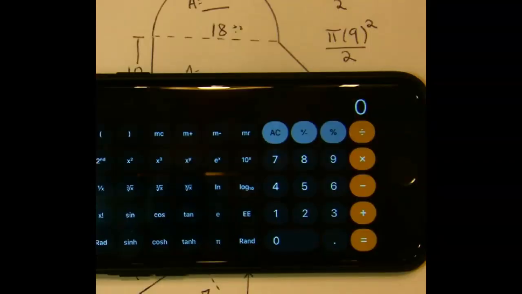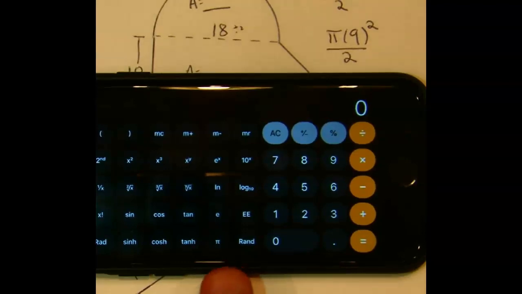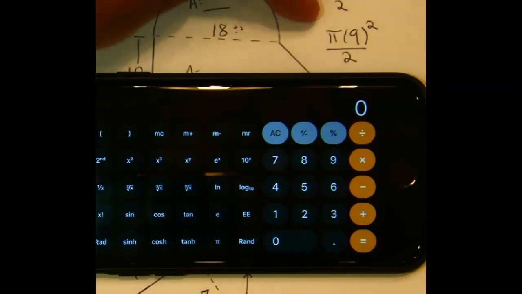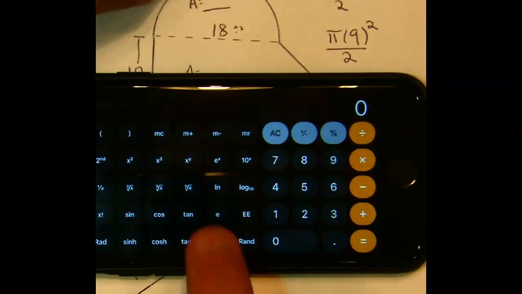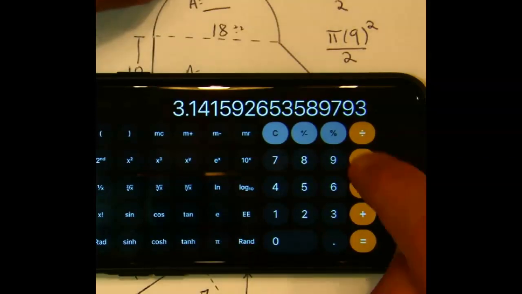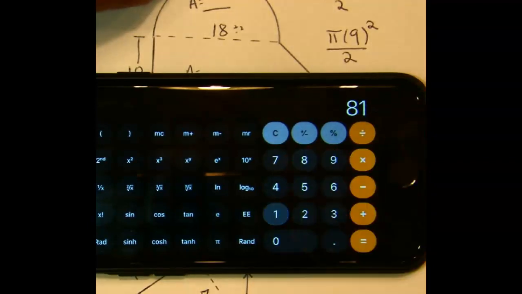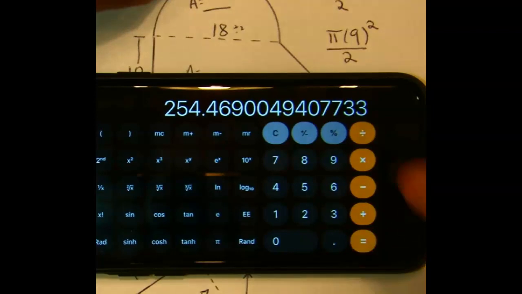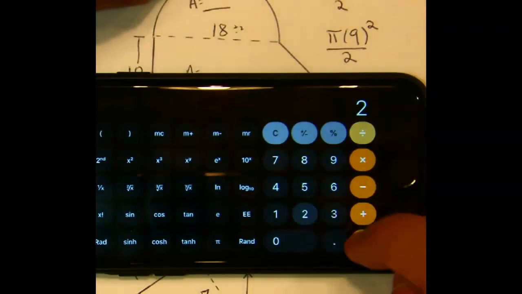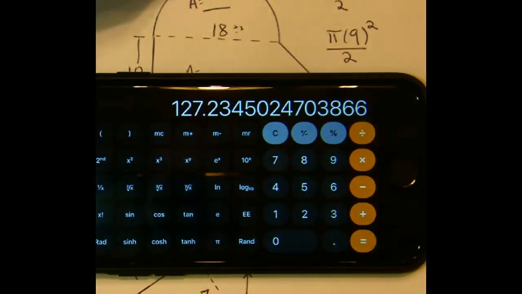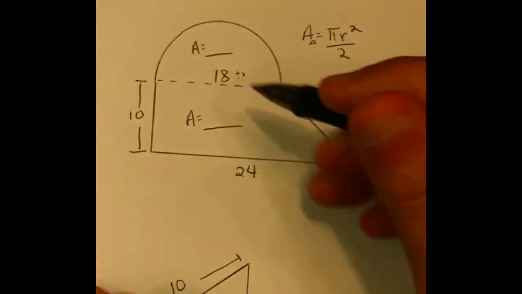To keep you from having to press 3.14 every time, we're actually going to use the pi button that's on the screen of your calculator when you turn it sideways. So we are going to multiply pi times 9 squared. 9 squared, of course, is 81, equals, and then divide it by 2. We get 127.2.